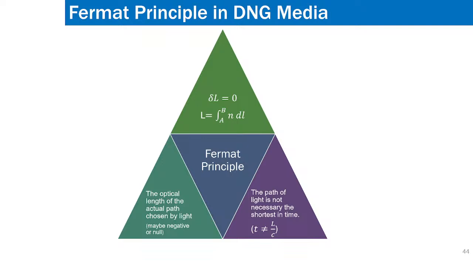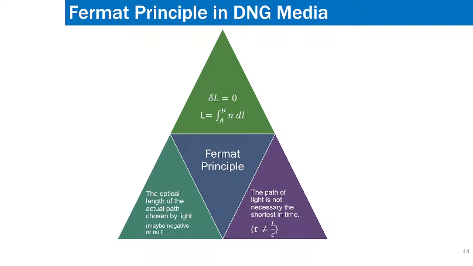Now, if that happens, then the path of light is necessarily not the shortest in time. In terms of time, it is not the shortest, which is t is not equal to L by c in that path. If it is negative or null, then t is not equal to L by c, L being the optical path.